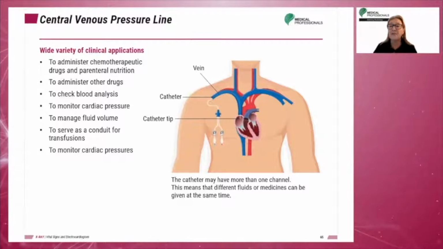Central venous pressure lines are catheters inserted into a large vein. There are 3 types of CVP lines: tunneled lines, peripherally inserted lines, such as PICC lines, and implanted ports.